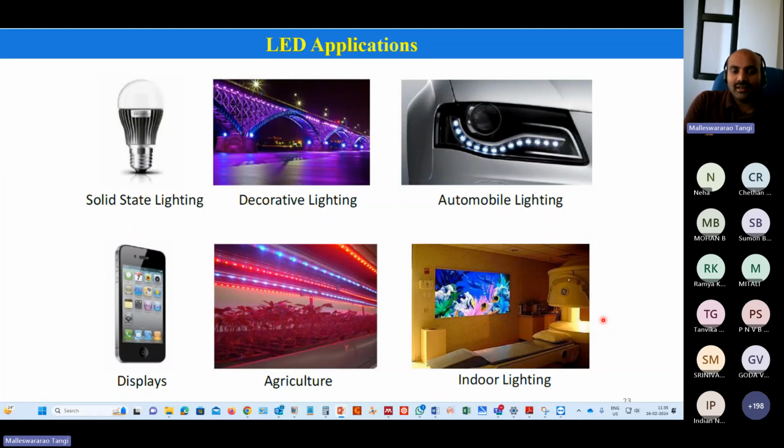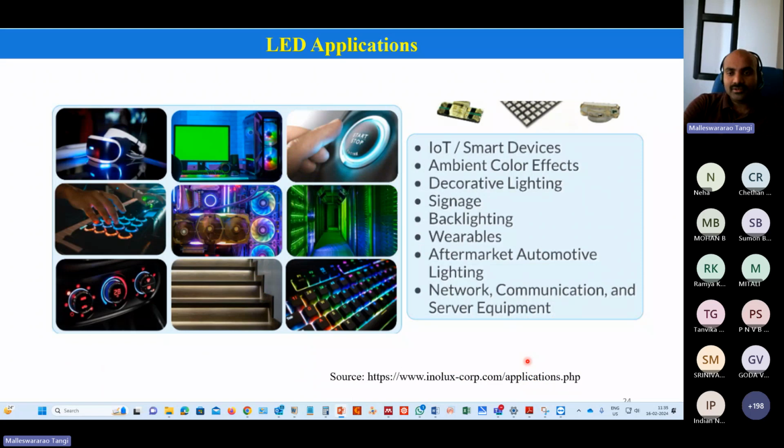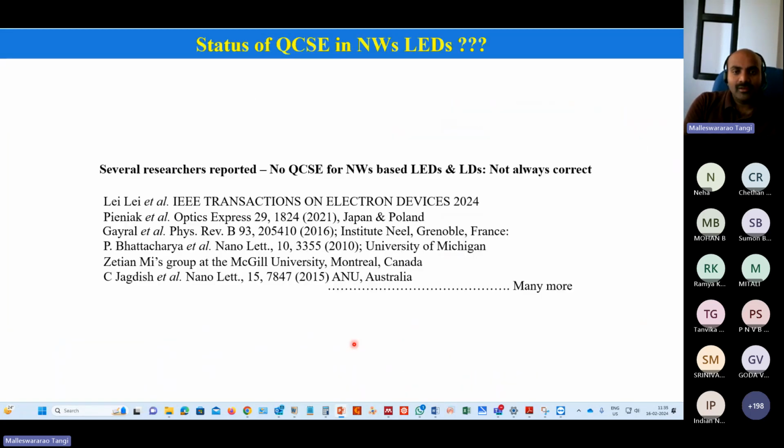If you have LEDs, you don't even need sunlight for agriculture and for indoor lighting applications. So this is all a brief history of LEDs. I also contributed somewhat to this research.